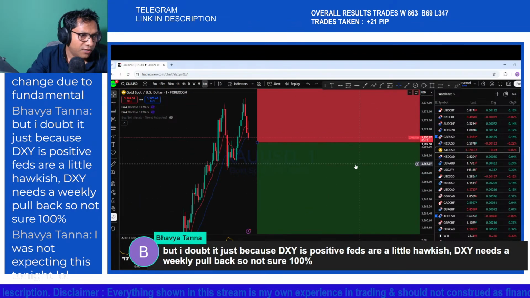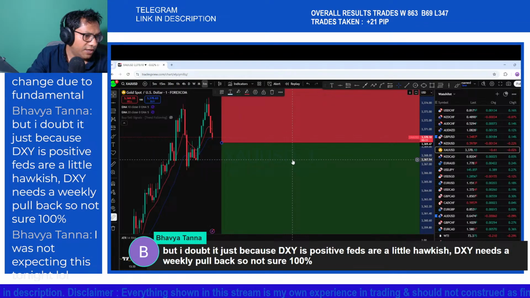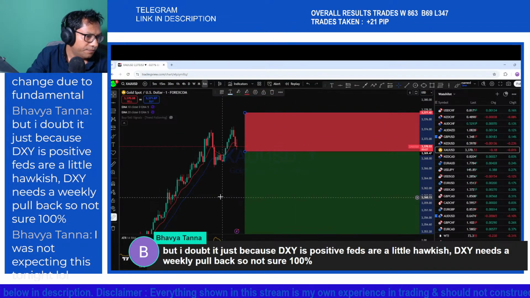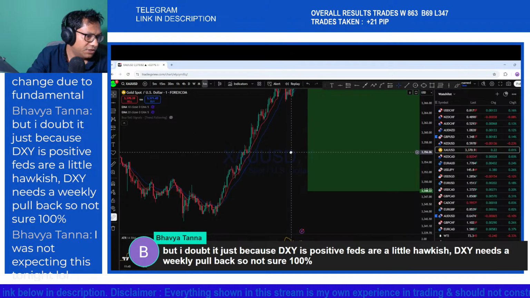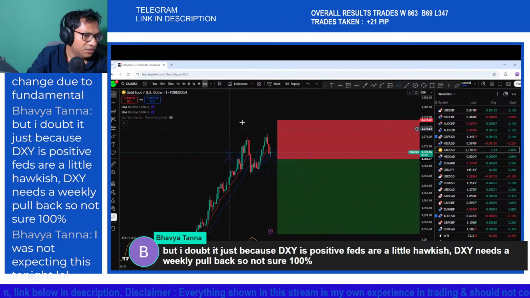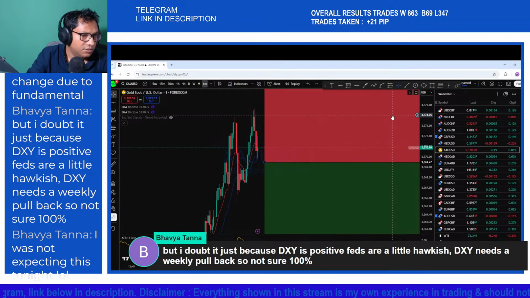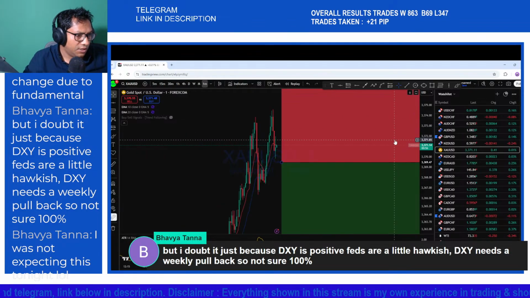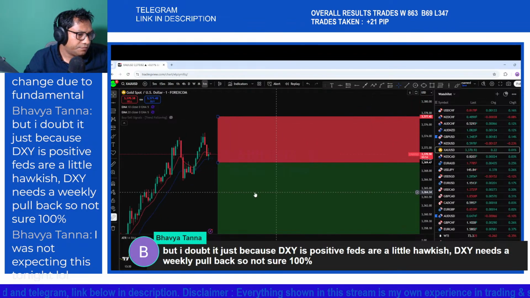And so far it's nearing to the entry, and would like to see at least halfway move here. That means 50% move to the direction, and let's see what it is doing in this area.